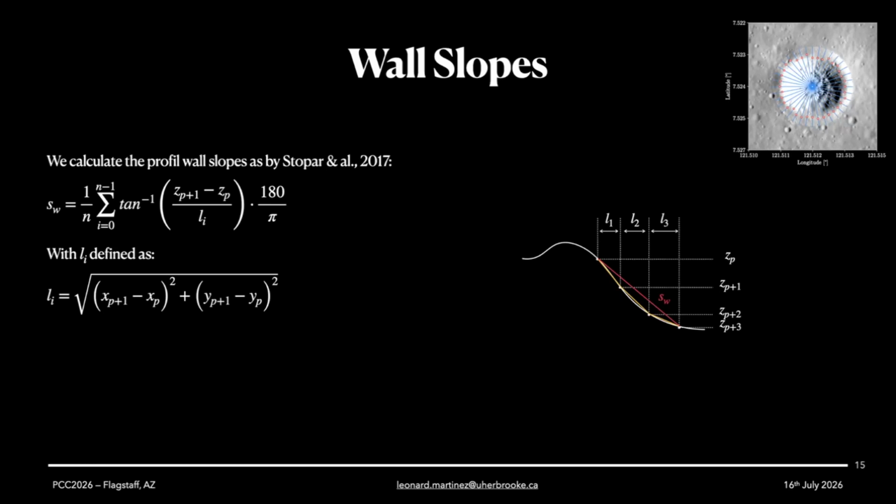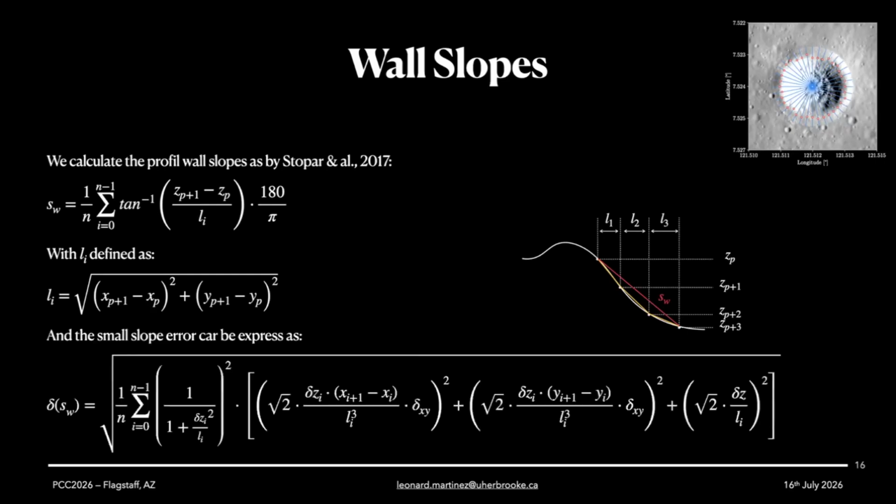Then we use the median of all the profile slopes to calculate the average wall slope of the corresponding crater. It also comes with an uncertainty formula, but I will not detail it here because it would be hard otherwise.